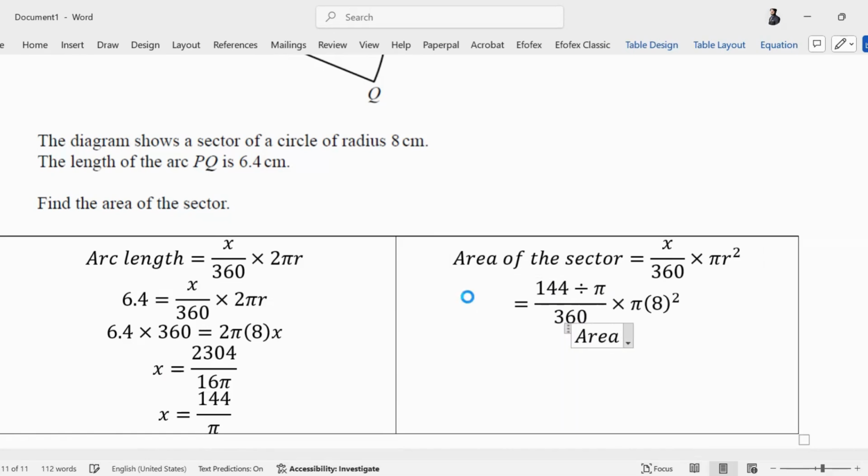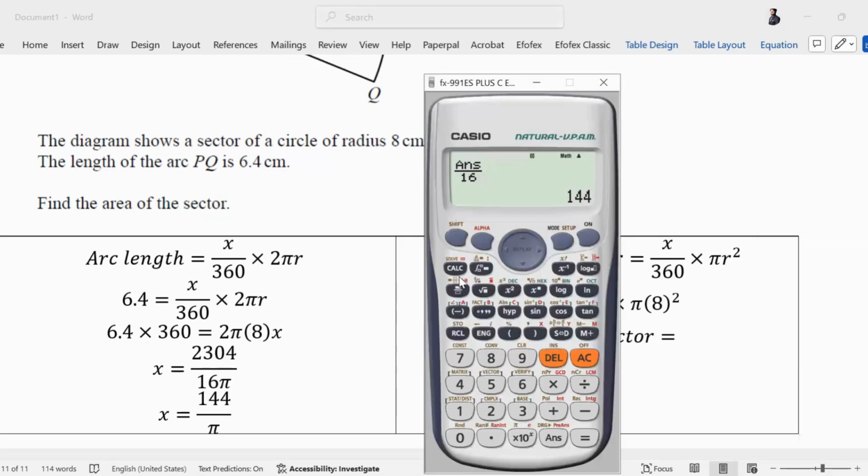So for the area of the sector, I'll use this exact answer. In the numerator, I'll write 144 divided by pi, divided by 360, into pi into 8 squared.